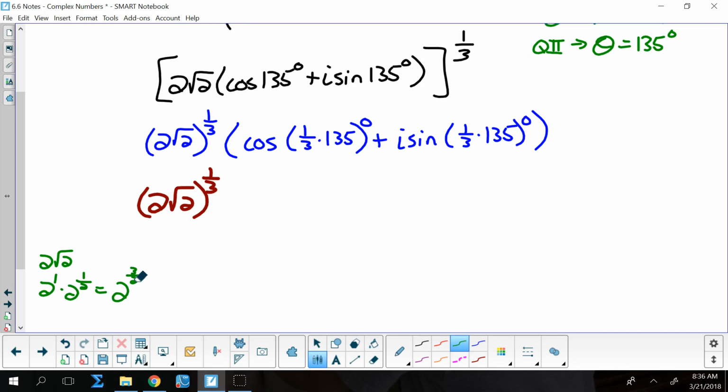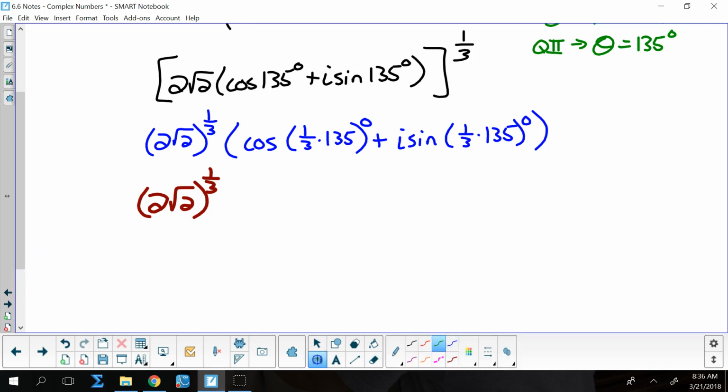Then that taken to the 1/3 power is the square root of 2, if you wanted to go there. I don't expect you to break that down, but technically that is what it is.